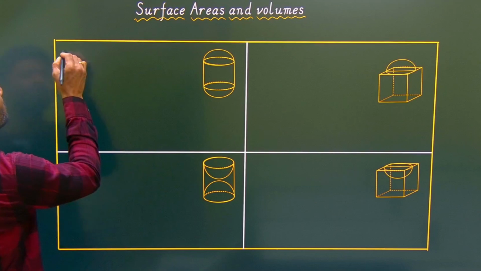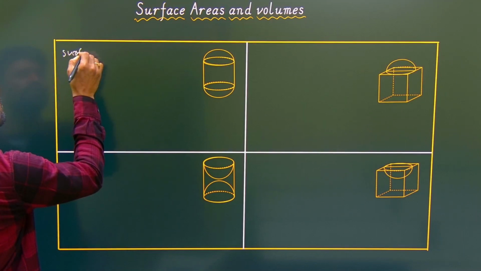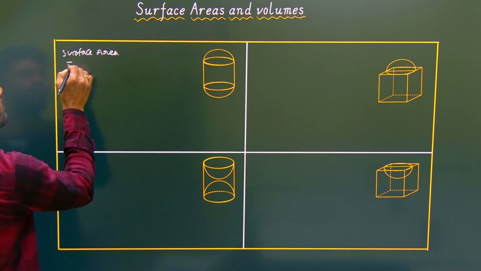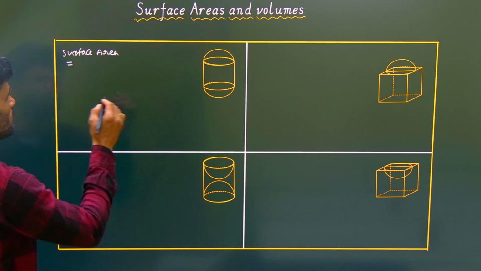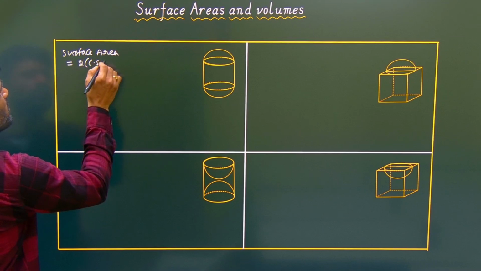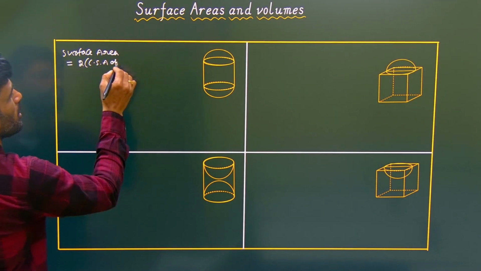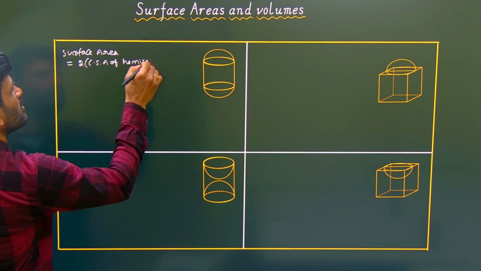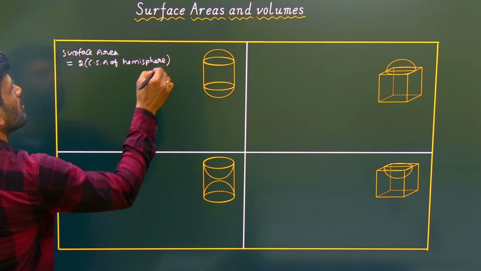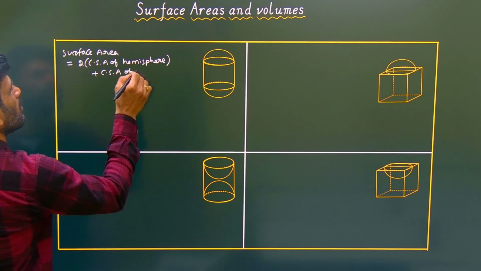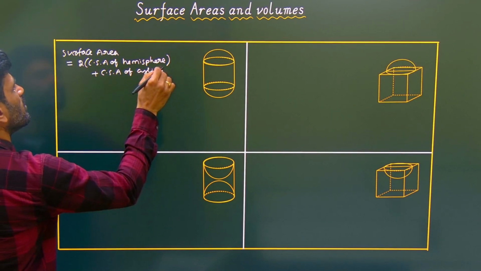So here what will the surface area be? Surface area we can write as 2 times CSA of hemisphere, because 2 hemispheres are there, plus CSA of cylinder.